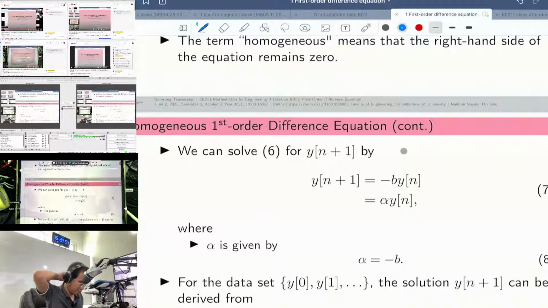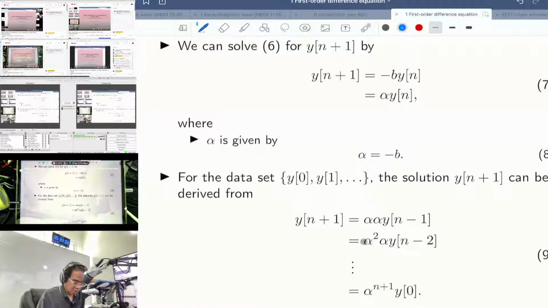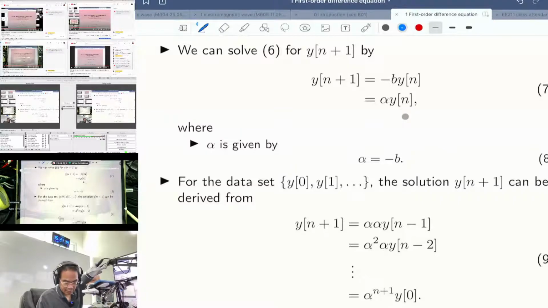Let's say it's alpha. Okay, it's alpha, and alpha is negative b. Okay, if we pay attention regularly. Let's say if n is 0, we would have y1 is alpha y0.